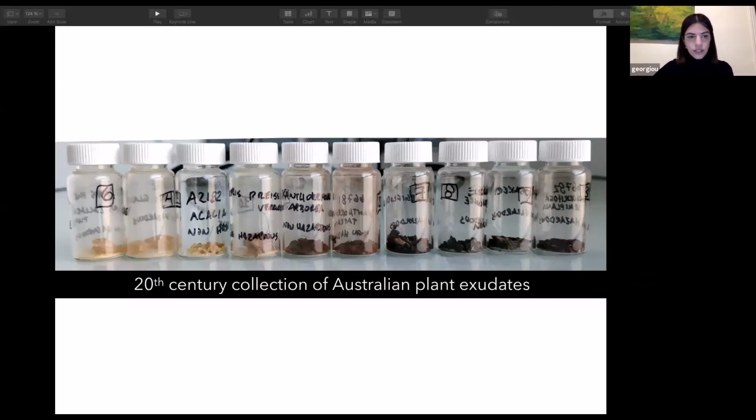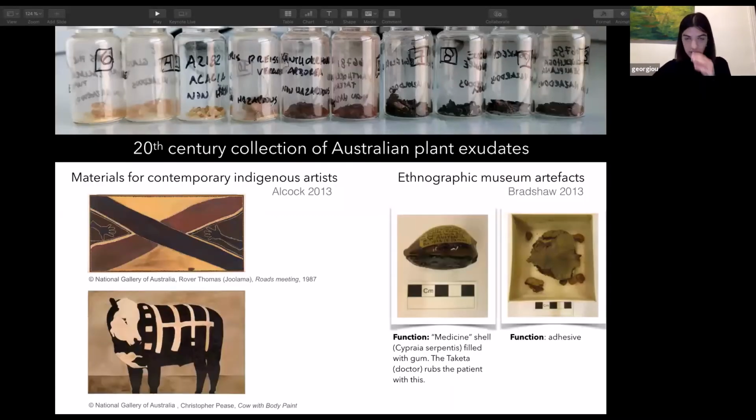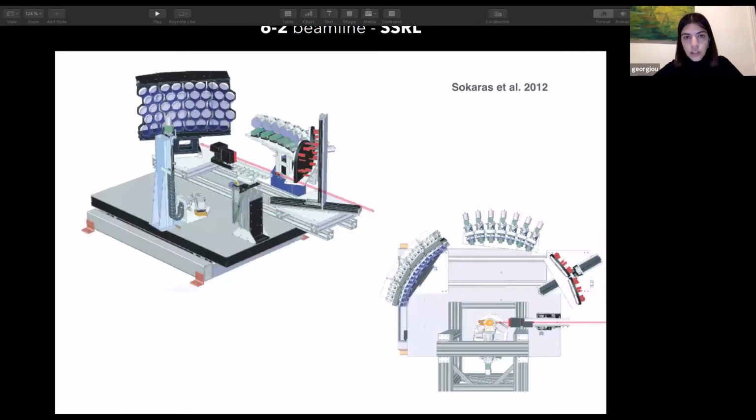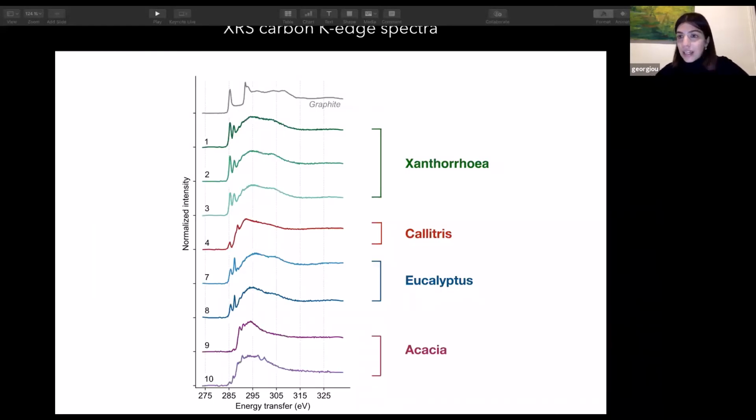This collection consists of resins, polysaccharides, and different materials, and these can be found today, and are still used by contemporary indigenous artists in Australia, and they are also found in ethnographic museum artifacts.